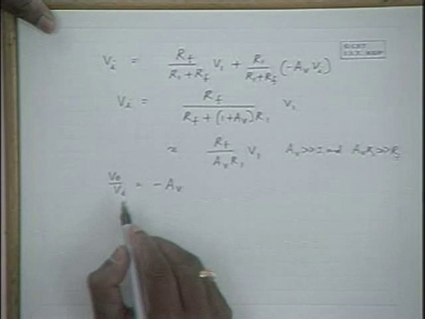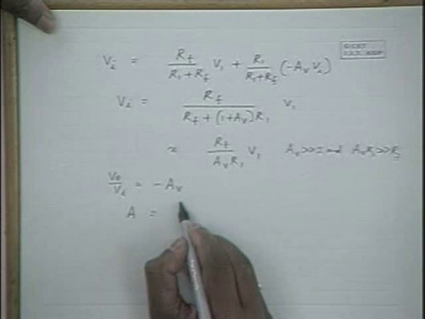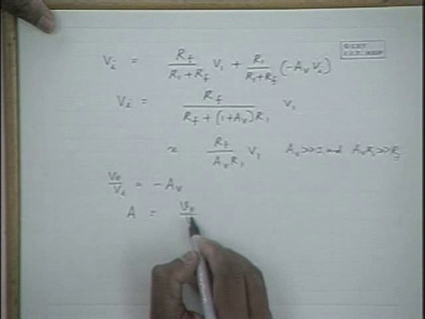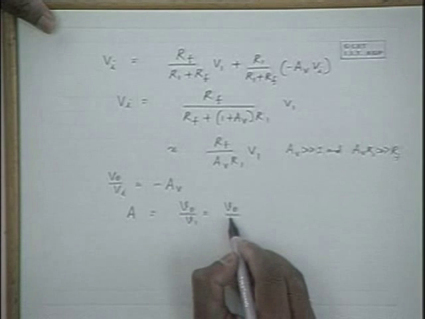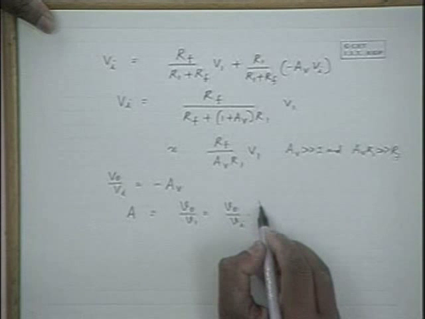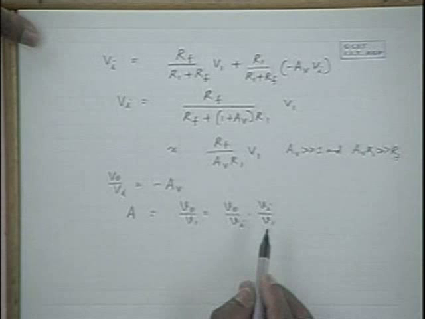And what we need is the voltage gain with feedback, A is equal to V0 by V1. This can be obtained from the V0 by Vi into Vi by V1 expressions.